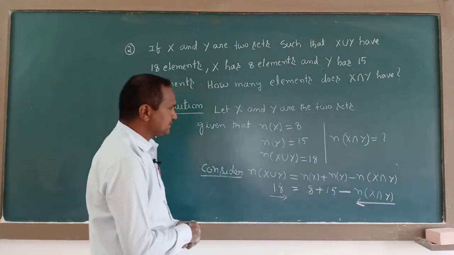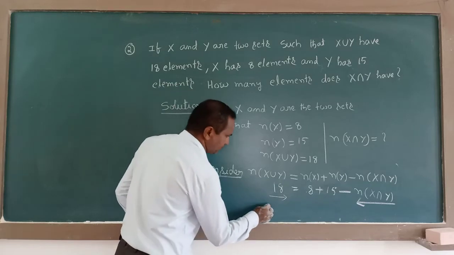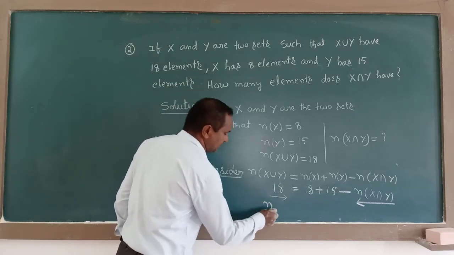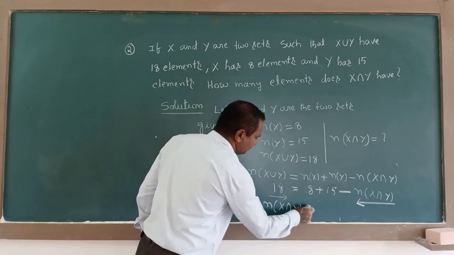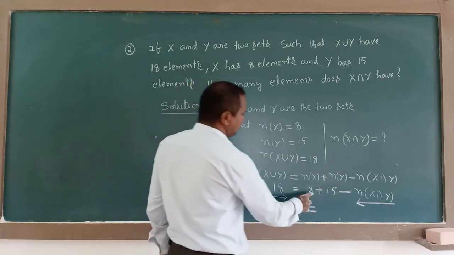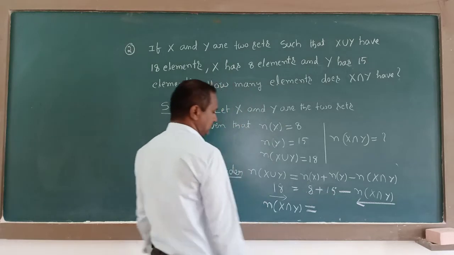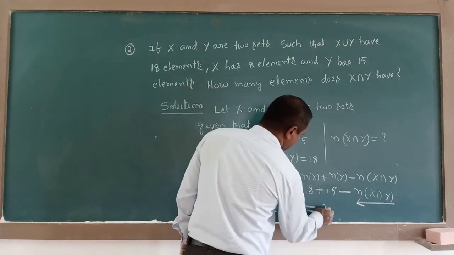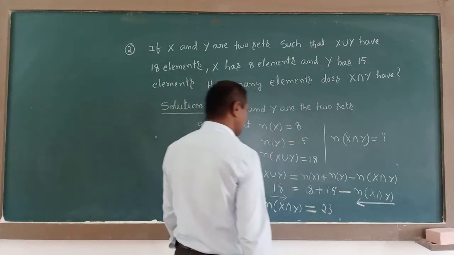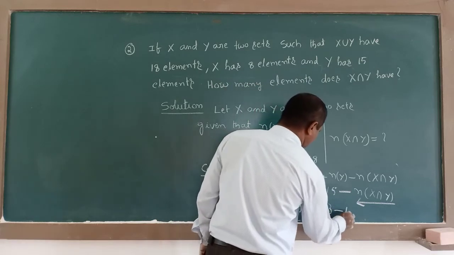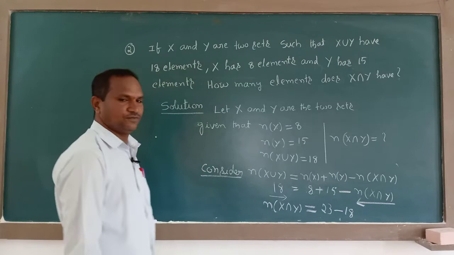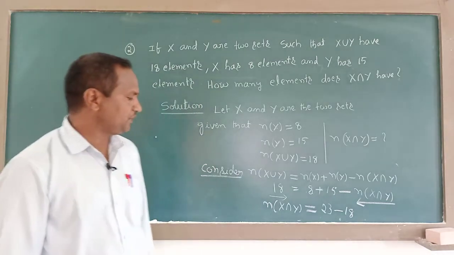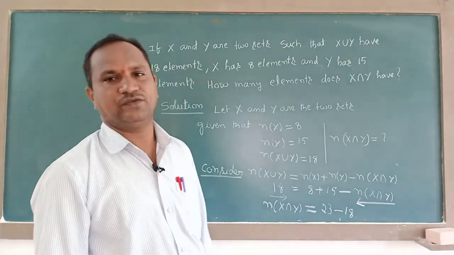If you send it to that side, it becomes negative. My negative is there, it becomes positive. x intersection y is equal to 8 plus 15. 8 plus 15 becomes 23 minus 18. 23 minus 18 becomes 5. That is n of x intersection y is equal to 5 here.